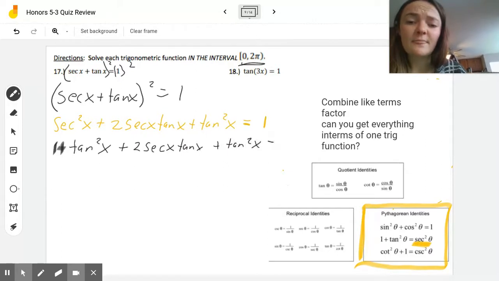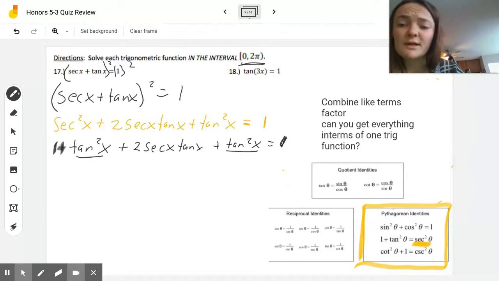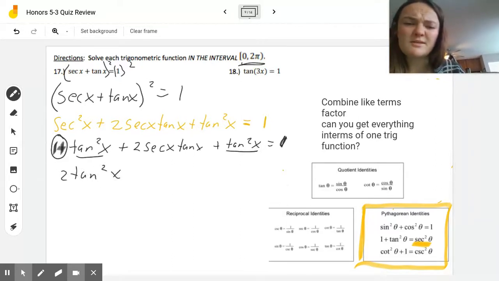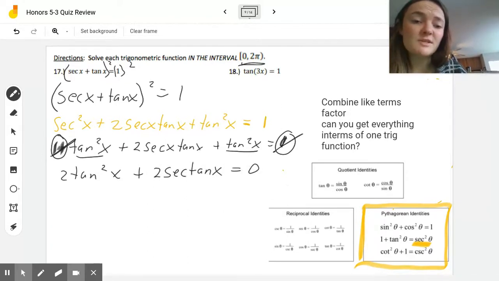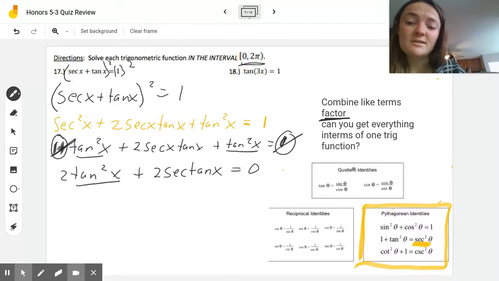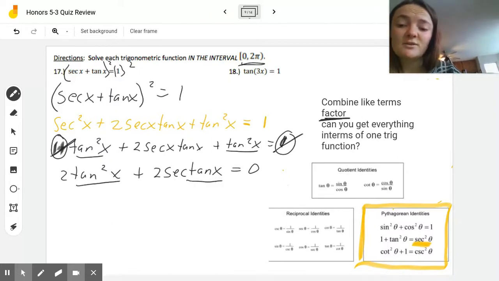All right, let's go and combine some like terms. So tangent squared x plus tangent squared x is 2 tangent squared x. I have a plus 1 on this side and I have a 1 on this side, which means these are going to cancel. And then I have plus 2 secant x tangent x. At this point, I do see something that I can factor out. Tangent is what everything has in common, so I'm going to factor tangent out.